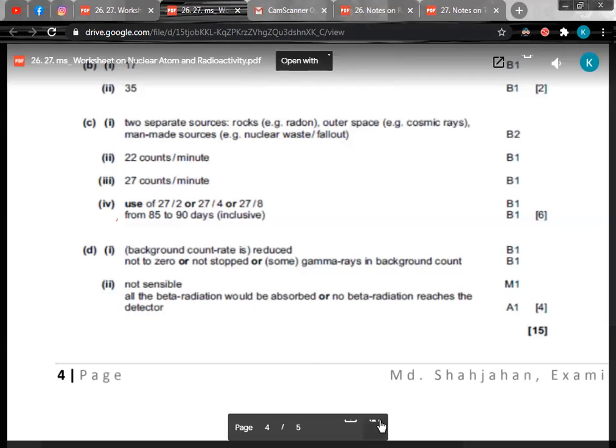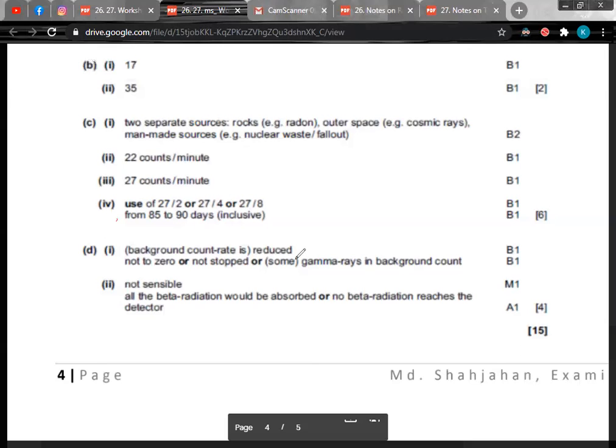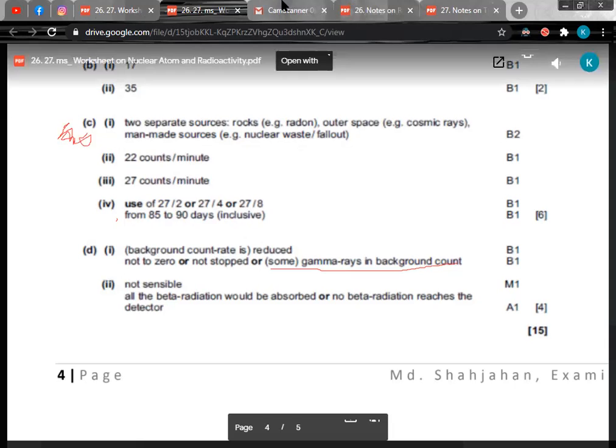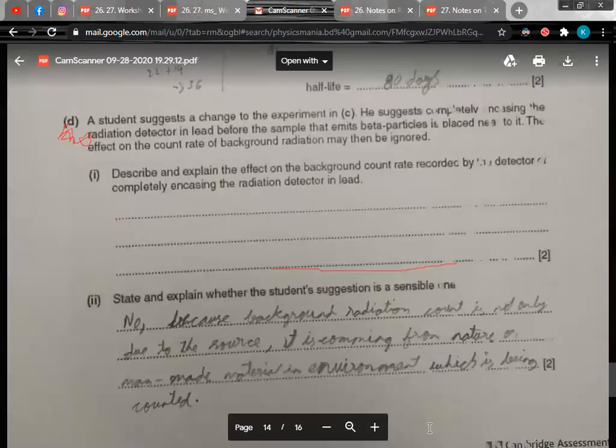That some gamma rays are in the background count. Yes, yes. So it is clear to you, right? Yes, sir. So what should I write, actually? The background count will be reduced. These 2 points: the first point they wrote, the background count rate is reduced. Then the one you underlined.